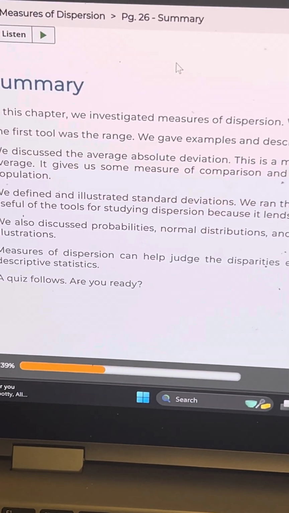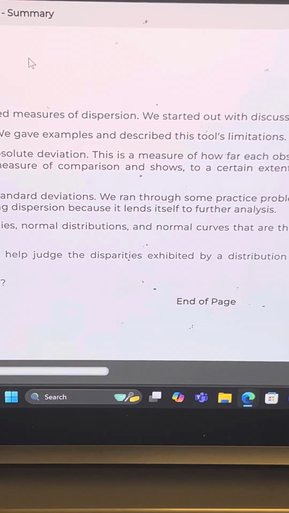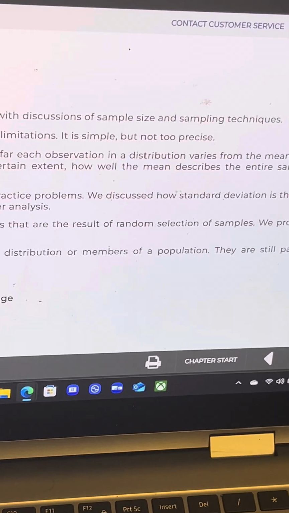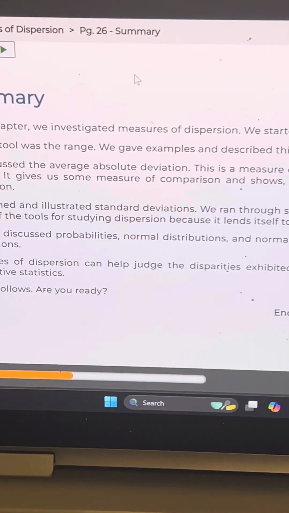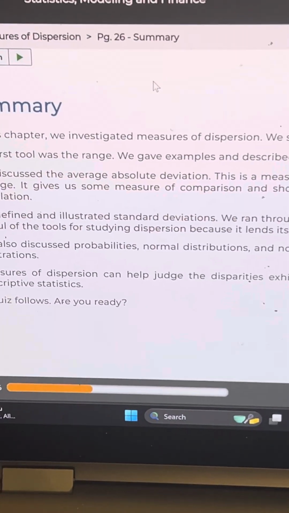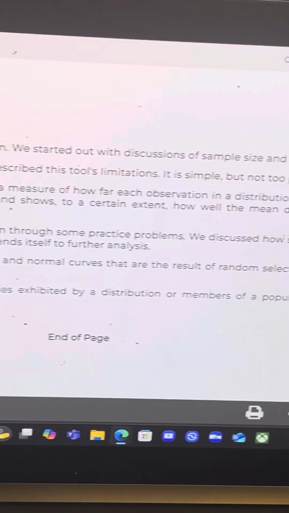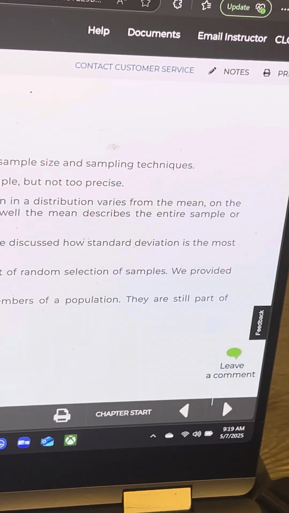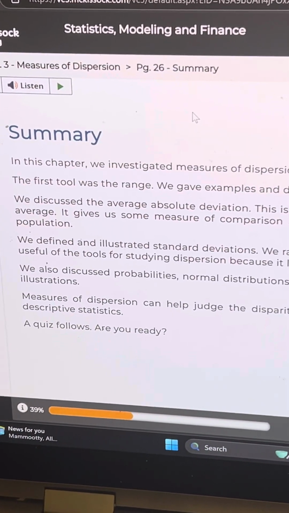We discussed the average absolute deviation. This is a measure of how far each observation in a distribution varies from the mean on the average. It gives us some measure of comparison and shows, to a certain extent, how well the mean describes the entire sample or population.